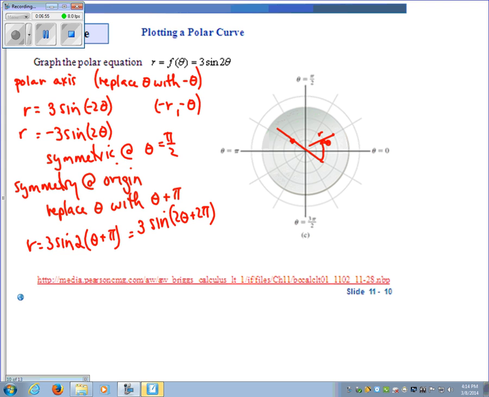Well, I don't even need a trig identity. I know anytime I have an angle and add 2 pi to it, because the period of sine is 2 pi, this is the same thing as 3 times sine of 2 theta. So I get the same exact thing for the r that my original equation was. So putting in theta plus pi results in the same exact r value. So this implies symmetry about the origin.